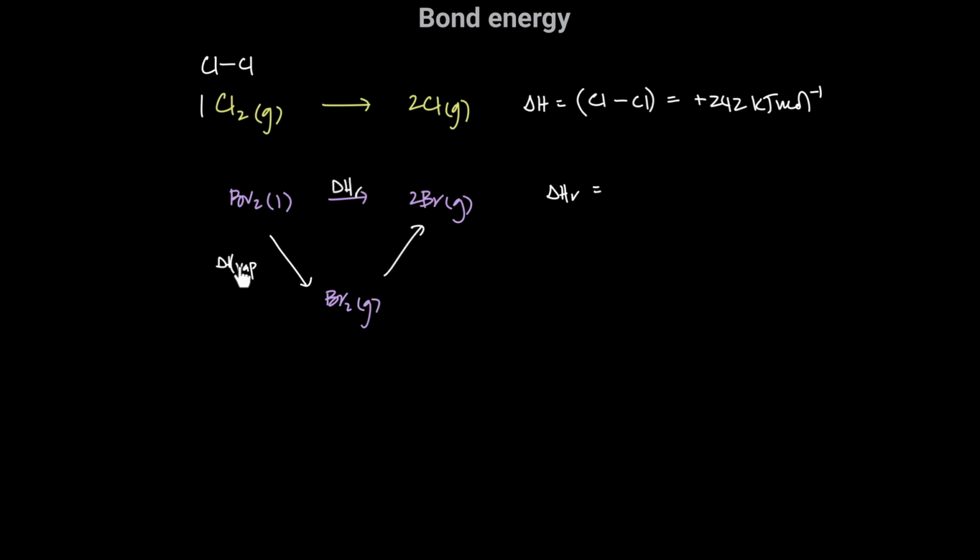The enthalpy change of vaporization is when 1 mole of bromine is vaporized, and then we're breaking 1 mole of gaseous covalent bonds, which is the Br-Br bond energy. So the enthalpy change for this process is the enthalpy change of vaporization of bromine plus the bromine-bromine bond energy. Again, bond energy only applies when we're breaking covalent bonds in the gaseous state.